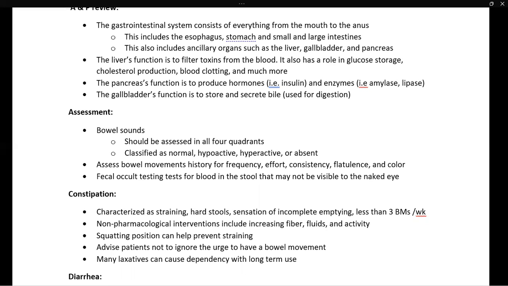You should assess a patient's bowel movement history for frequency, effort, consistency, flatulence, and color. So some questions you might ask: how often are you going versus how often do you go regularly? You might also ask how much effort are you having to put in? What is the consistency of your stools?